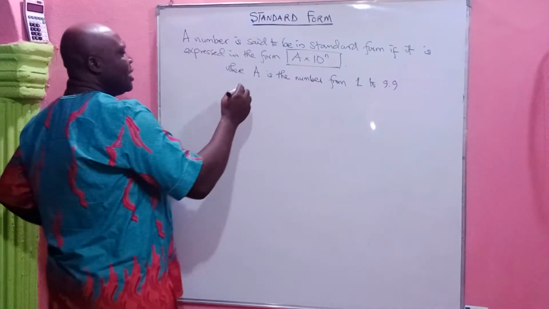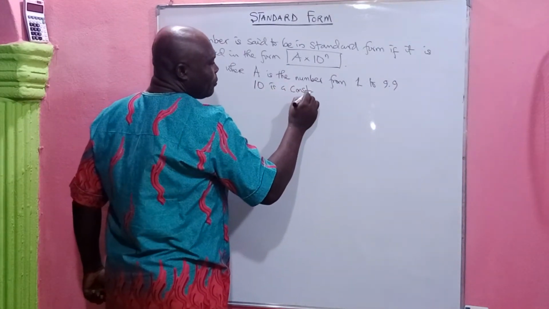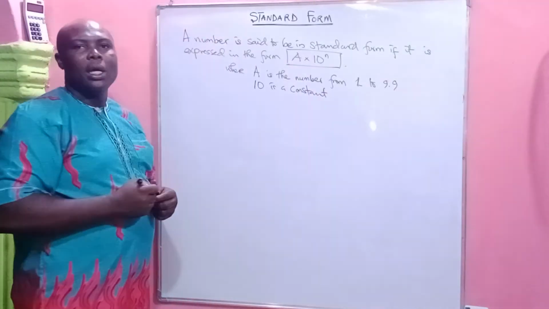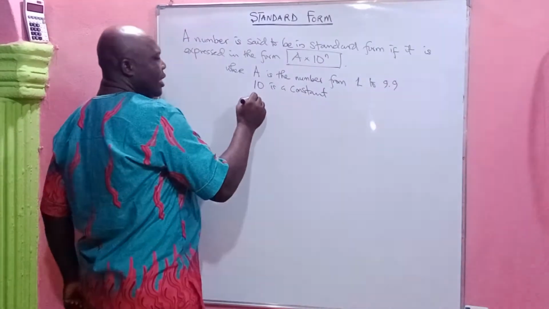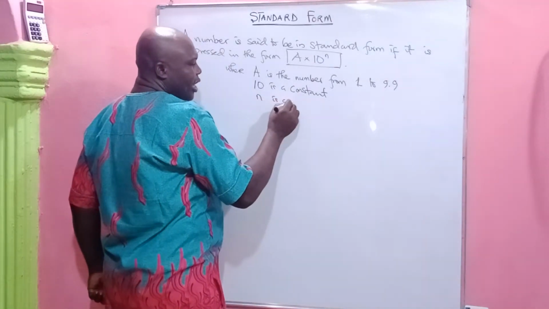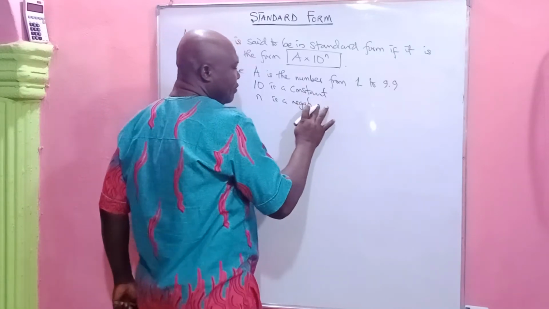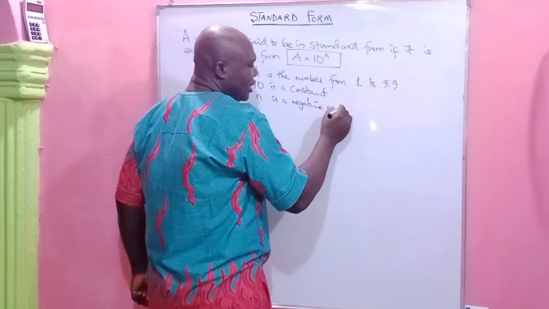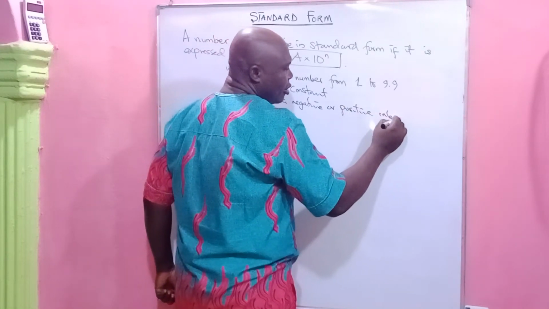All right, so 10 here is a constant. So when you express a number in standard form, there will always be 10 in that expression. And then n is a negative or positive integer, whole number.